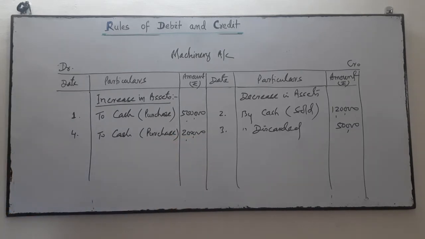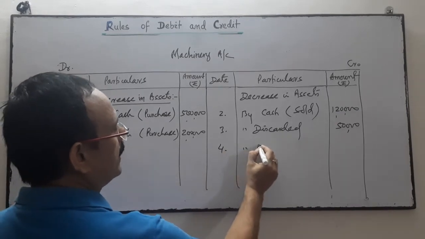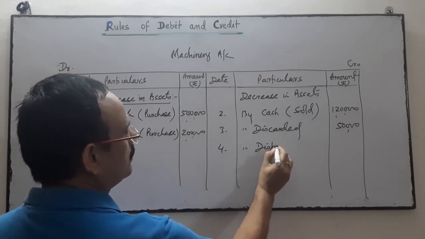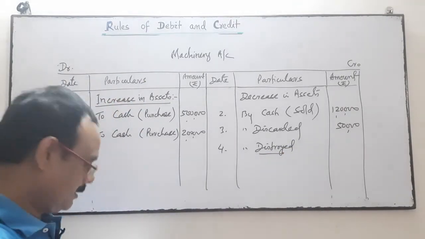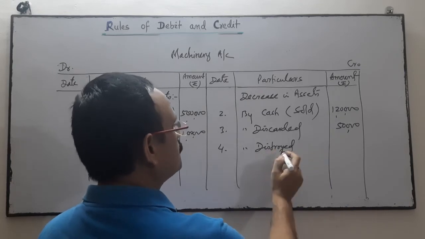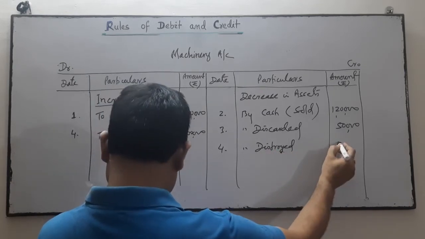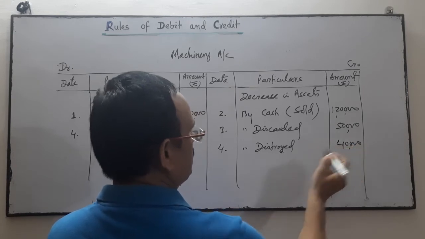Next is machinery destroyed. When the machinery is destroyed, we'll write on this side, destroyed, wasted, whatever the reasons may be. So machinery is decreased by 40,000.